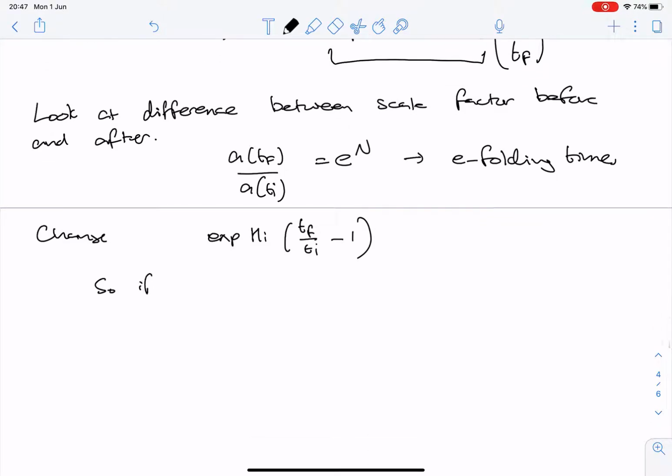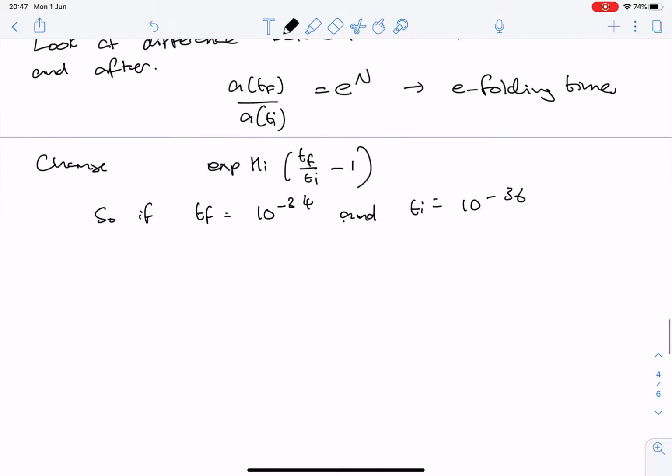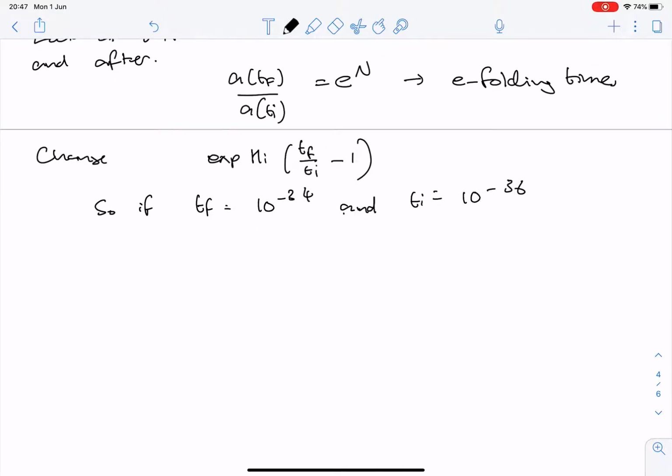So if t_f equals 10 to the minus 34, t_i equals 10 to the minus 36, then N is about 100, it's 99, effectively. Then N is about 100, just for simplicity.